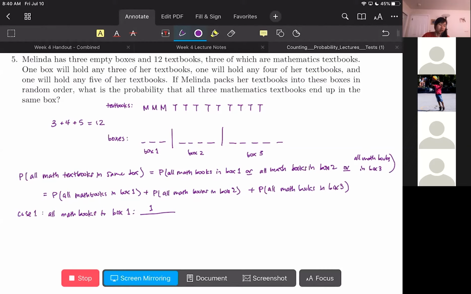So if you all remember that, it's going to be 3 plus 9 choose 3, which is 12 choose 3. Any questions on that before I move on to case 2?